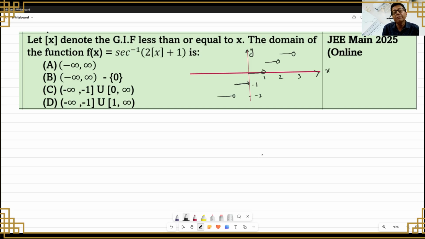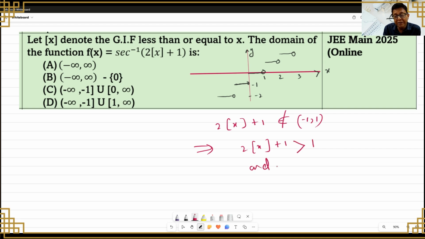Sec inverse principal value branch you know very well. Today also I have revised that 2 into modulo x plus 1 will not belong to this interval -1 to 1. So this implies 2 into modulo x plus 1 should be greater than 1, and 2 into modulo x plus 1 should be less than -1.